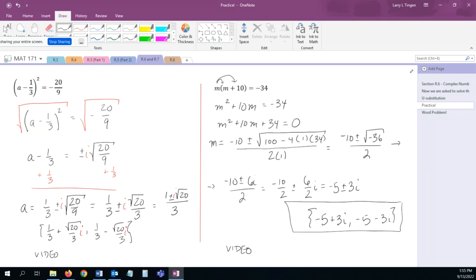So this one is a heavy callback on old stuff: dealing with factoring, being able to manipulate rational expressions, and then being able to write complex numbers.